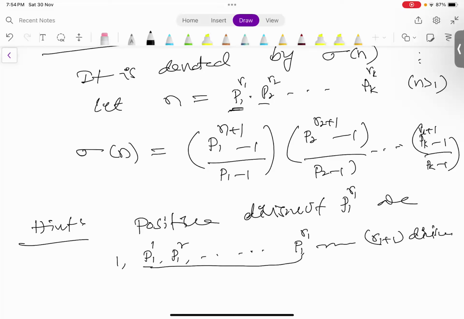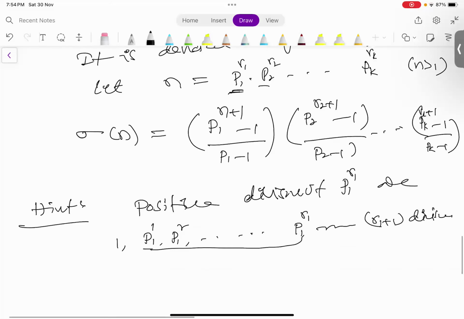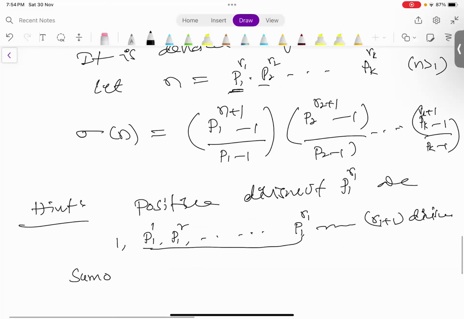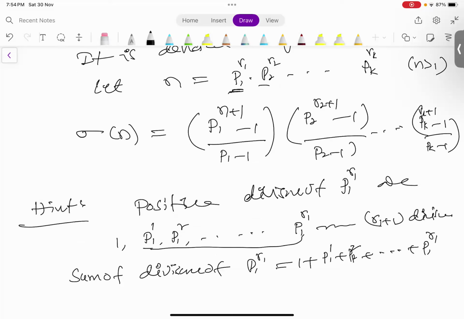Therefore, the sum of positive divisors of p1 power r1 is 1 plus p1 power 1, plus p1 power 2, and so on, up to p1 power r1.